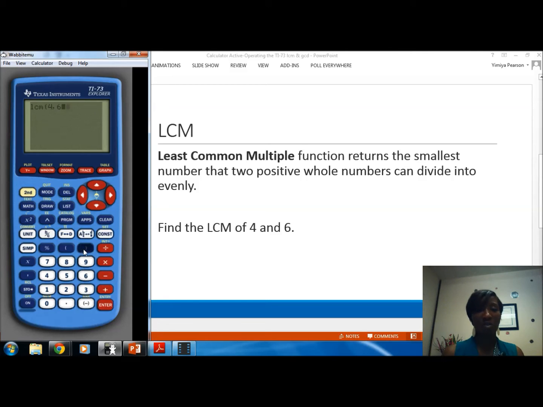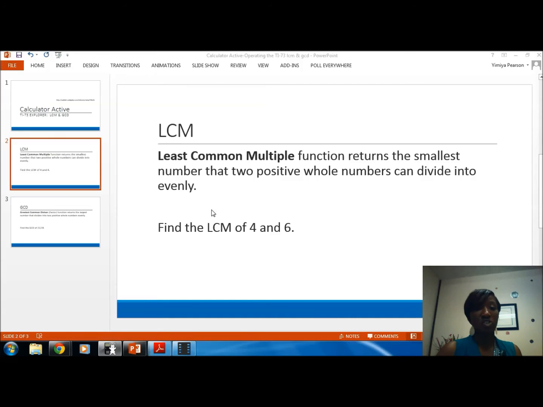And then I'm going to close this operator with the right parentheses, which is right above the 9. Again, on my calculator, the entry reads LCM of 4 and 6. We're going to press enter. And I see that the least common multiple of 4 and 6 is 12.